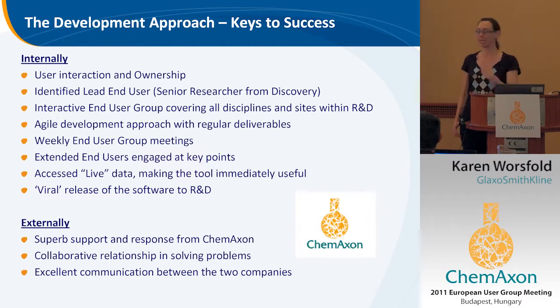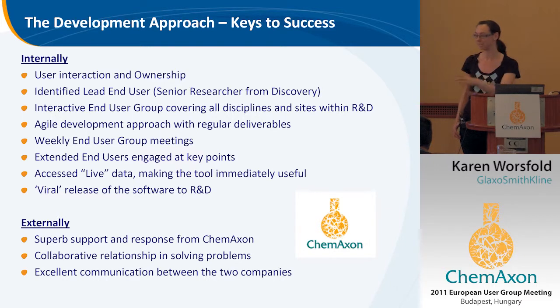So for the actual deployment project that we kicked off, there were various key points that identify why we thought we were quite successful. We had a lot of sponsorship and support from the scientists, and our lead user group was actually run by somebody in the business, so it wasn't IT forcing this change on them, even though it was largely cost driven.